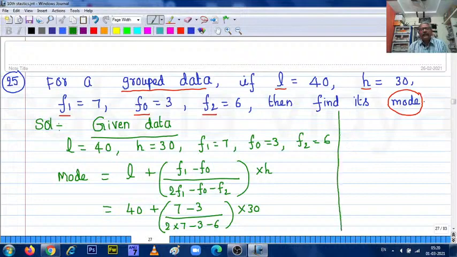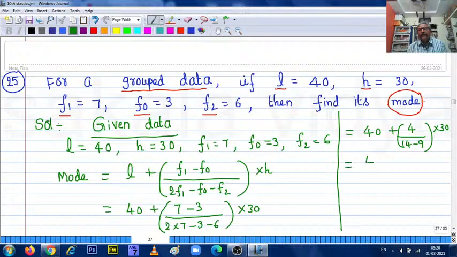Let us simplify. So this equals 40 plus 7 minus 3 is 4 upon 14 minus 3 minus 6, minus 9, multiplied with the 30.